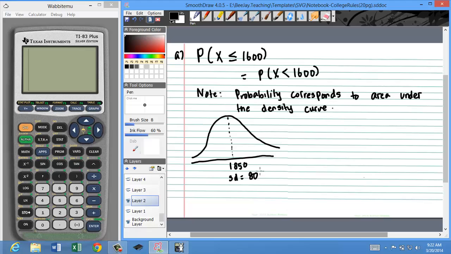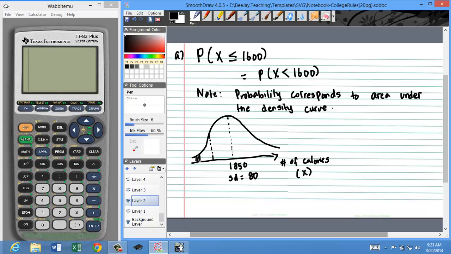Standard deviation is 80, and we'd like to know the probability that the number of calories consumed, which is, by the way, on the x-axis, is less than or equal to 1600. So if 1850 is over here, 1600, this doesn't have to be exact.